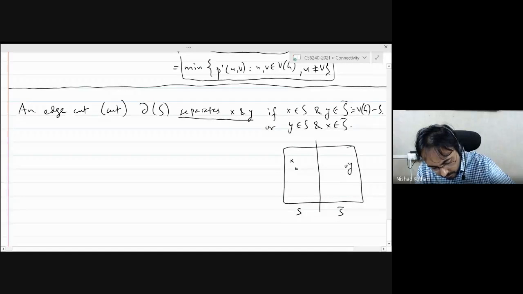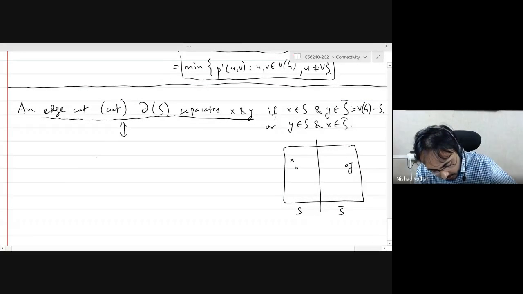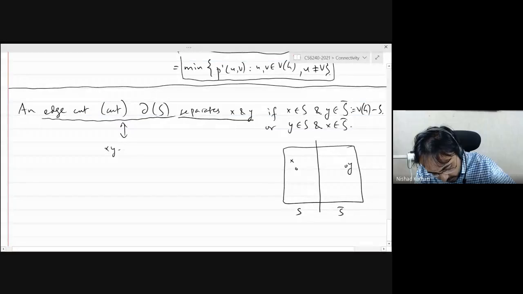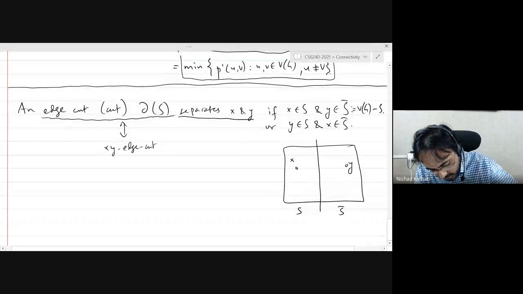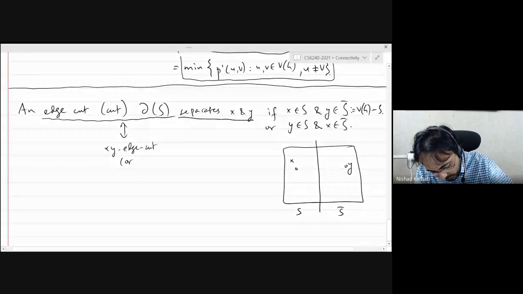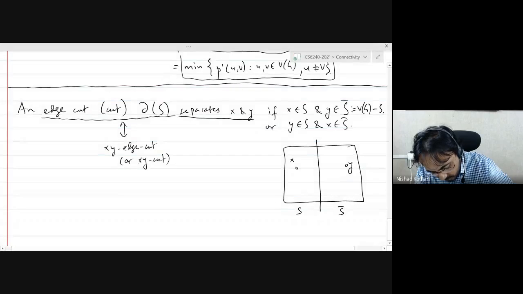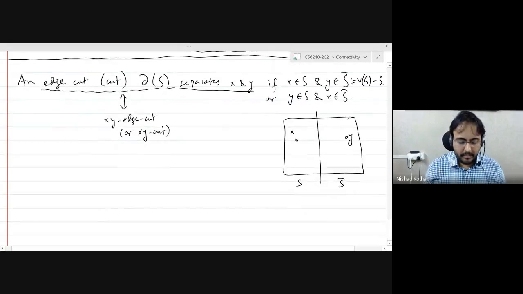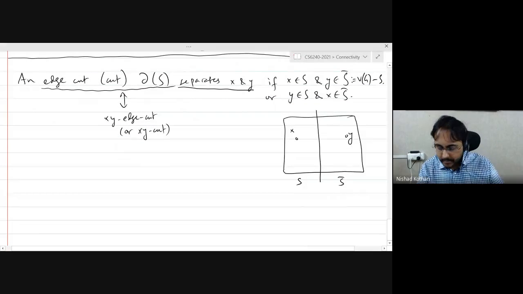So another way to refer to this is it is simply an XY edge cut or an XY cut. Okay. And so you can ask the question, what is the minimum number of edges you need to remove to disconnect the two vertices X and Y? Right.